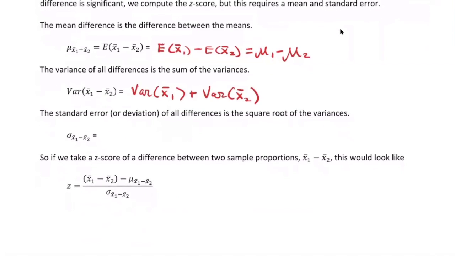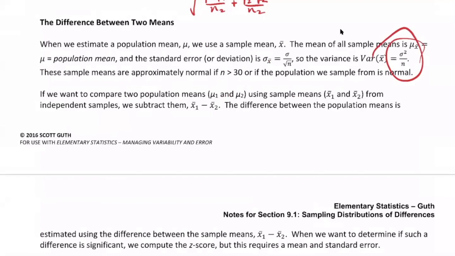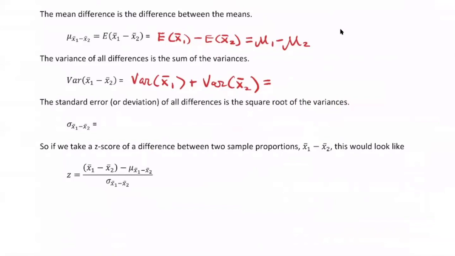Okay. Now, variance of a sample mean, as you may remember, is right here. Variance of a sample mean is the population standard deviation squared over n. That's sigma squared over n. Okay, but there's two of them. So you'll have a sigma 1 squared over n1 plus a sigma 2 squared over n2.